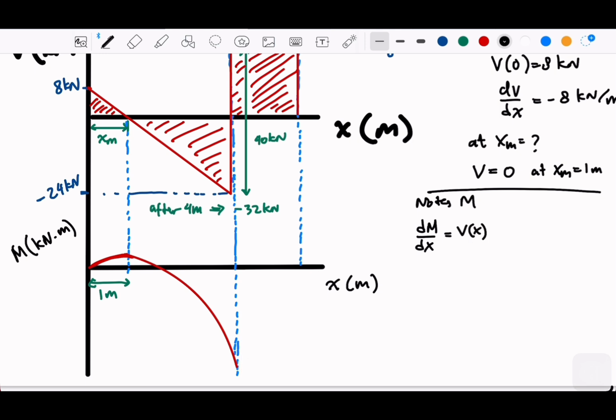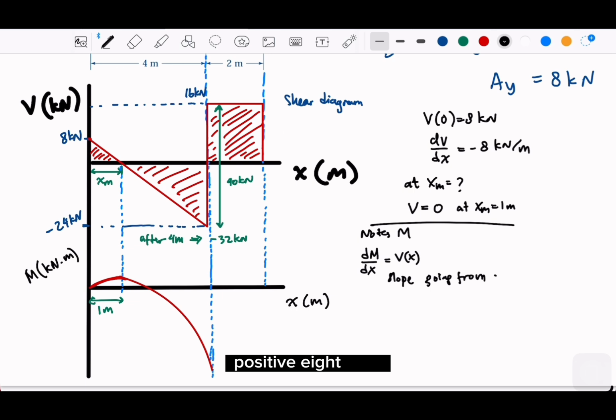And then the slope goes from positive 8 at x equals 0 to 0 at xm, equal to 1.